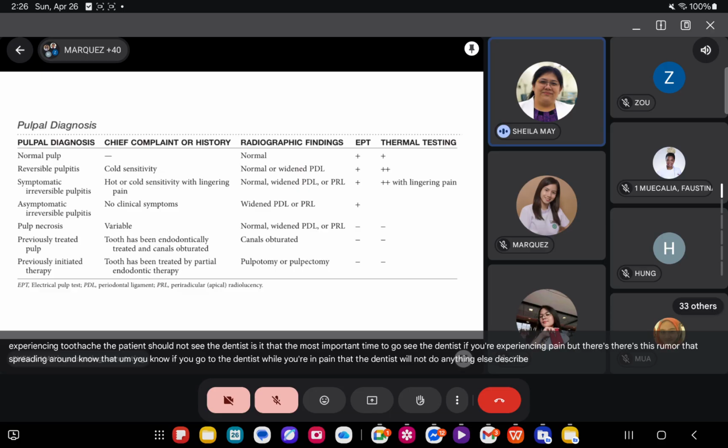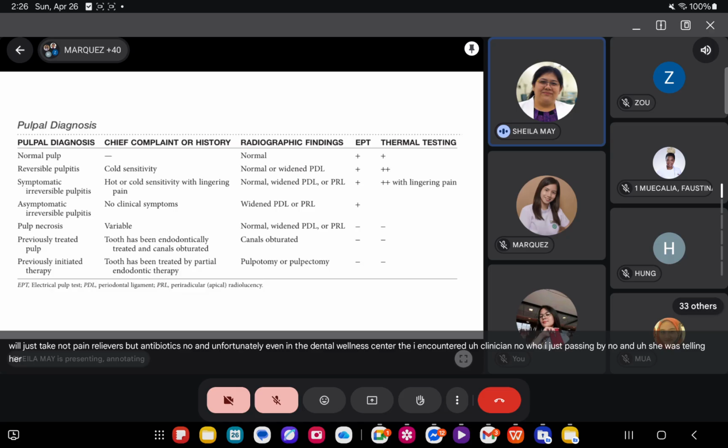They'll just prescribe you medication, and what they'll do is they will just take not pain relievers but antibiotics. And unfortunately, even in the dental wellness center, I encountered a clinician, while I was just passing by, telling her compre patient, oh, we're supposed to do extraction today, but because your tooth is painful, then we're not gonna do extraction.